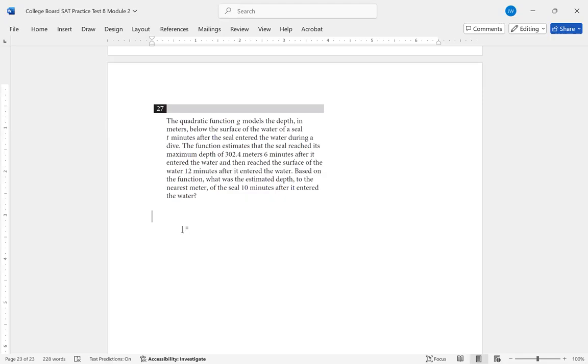Based on the function, what was the estimated depth to the nearest meter of the seal 10 minutes after it entered the water? So here we go. Basically, what we're going to do is create a function that's modeling depth.